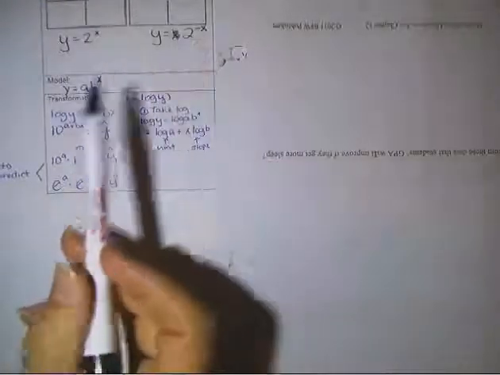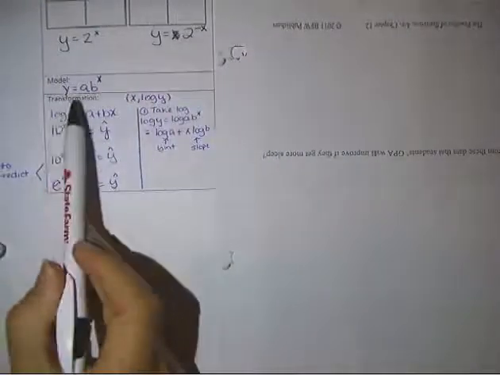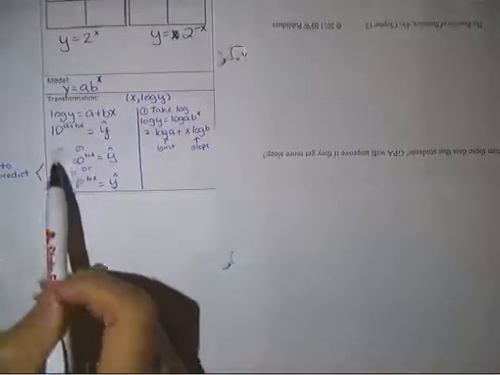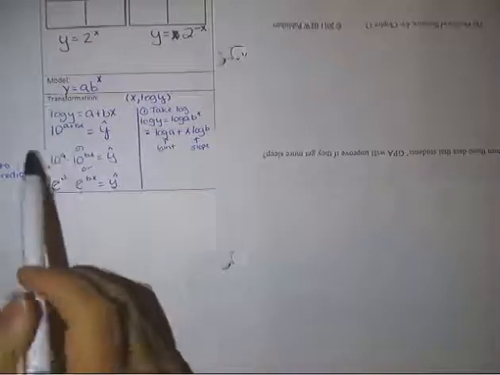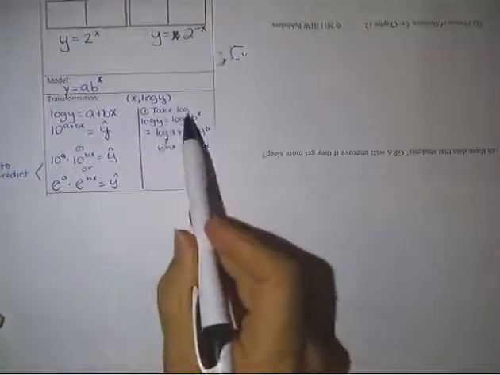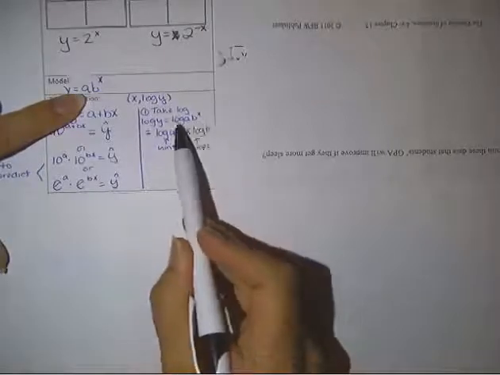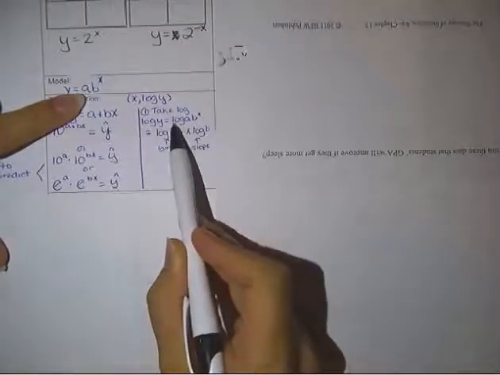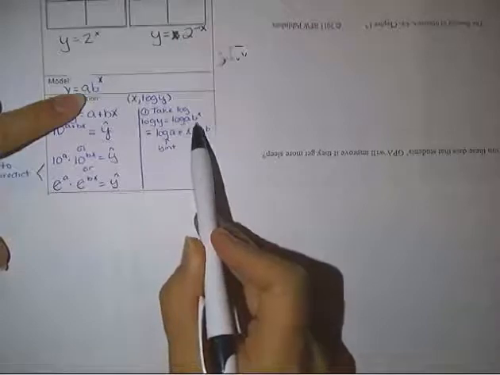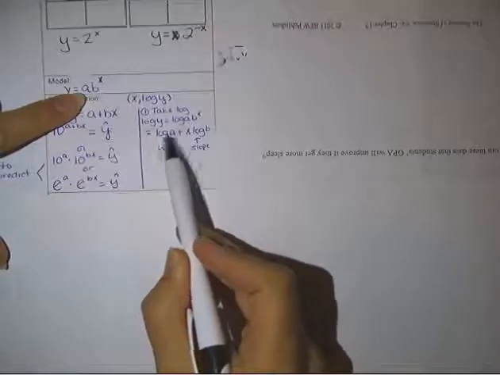We'll first look at the log model, meaning the exponential model. If I start out and take the log of both sides, we know that if we are multiplying under one log, we split it up into addition, so make sure you understand that.